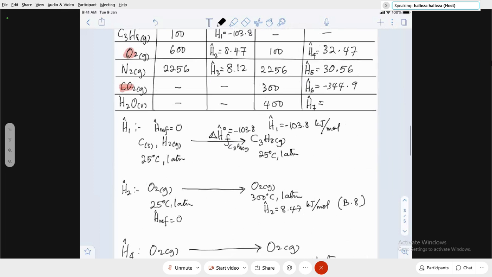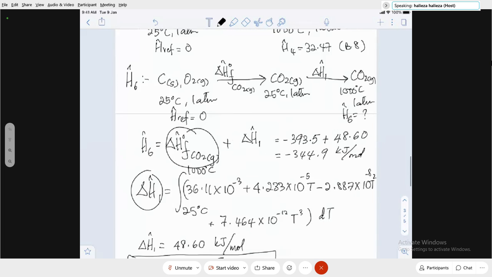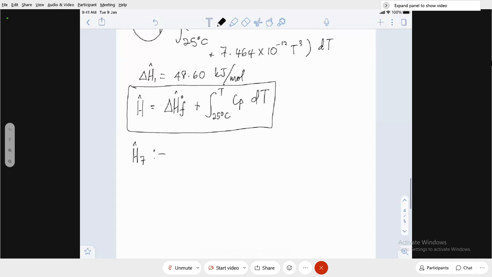The last enthalpy is H7 for water. You have water. You need to form water first. In order to form water, which is a compound, a vapor, you need hydrogen gas plus oxygen gas. You don't need to balance your equation because you're not going to use any coefficient.